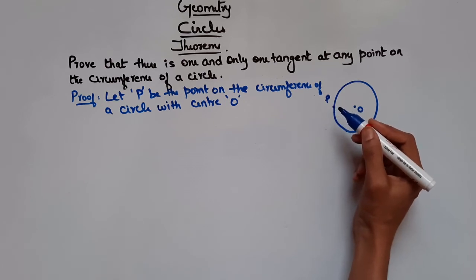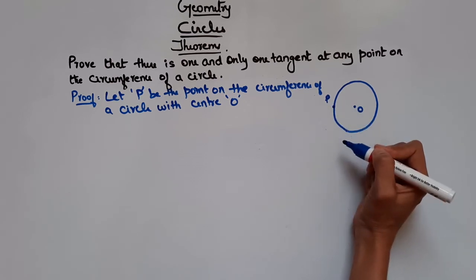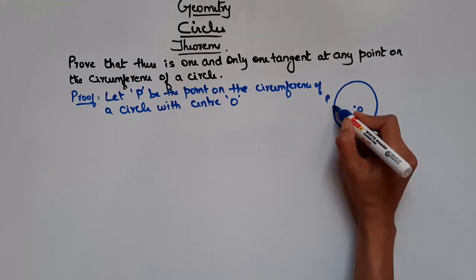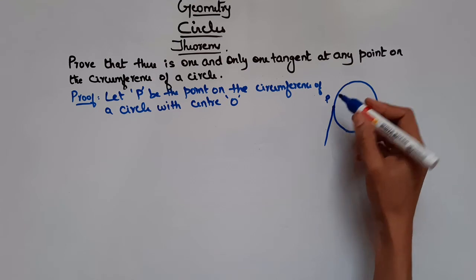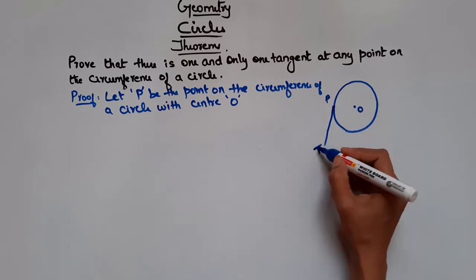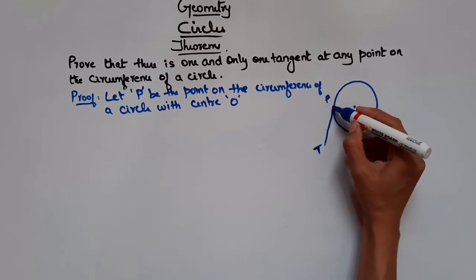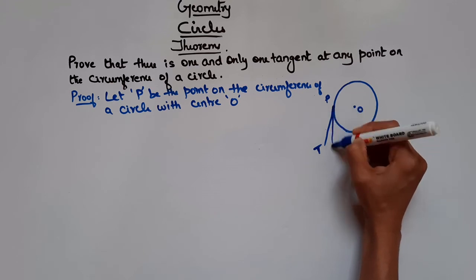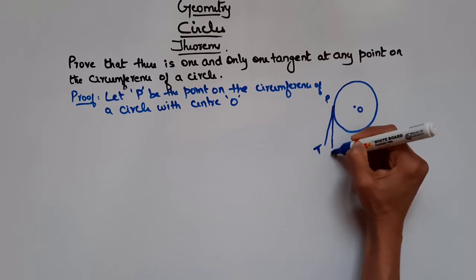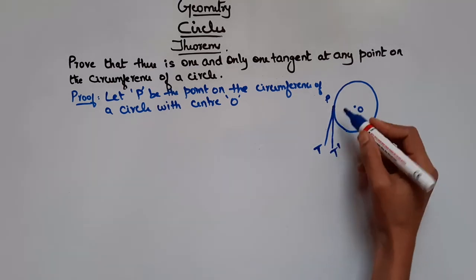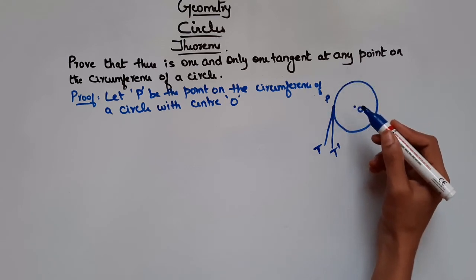Let's say two tangents are possible at this point. Alright? So now let's draw a tangent to this point. So let's take this tangent as T, another tangent to this point. Let's take this as T dash. You can extend this line, no problem.